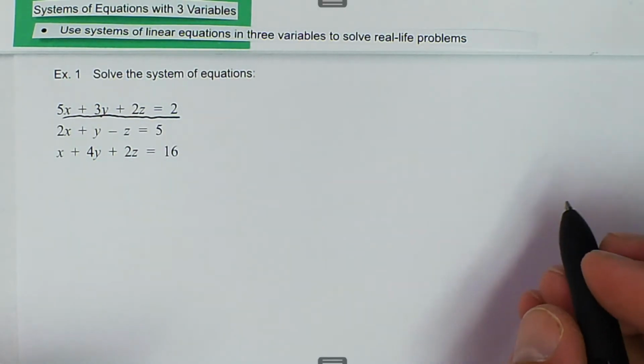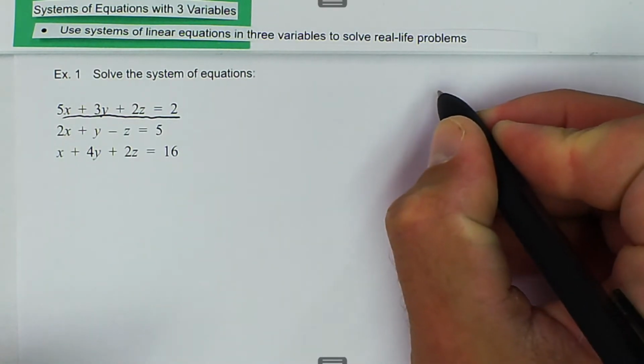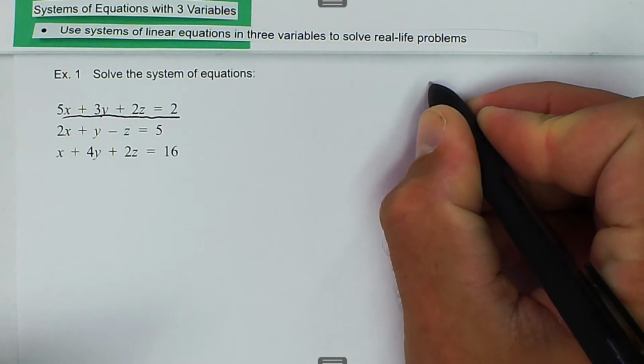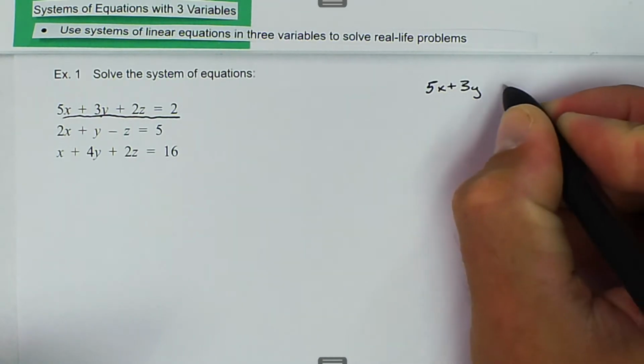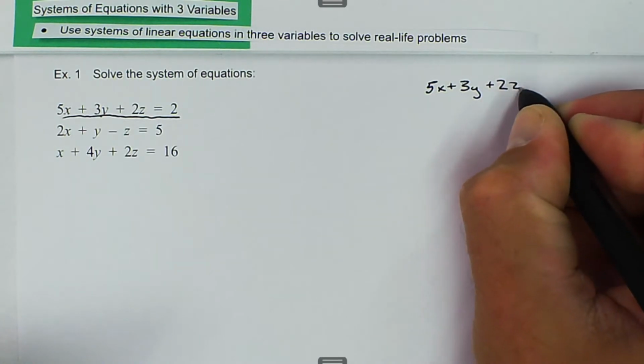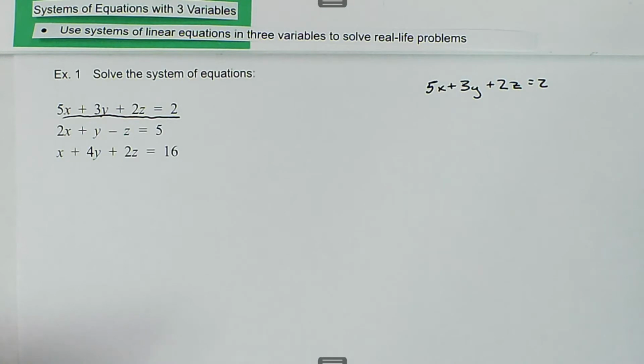So right there, we're going to use that top equation and we'll write it right over here. So we're going to say 5x plus 3y plus 2z is equal to 2. So that equation came from there.